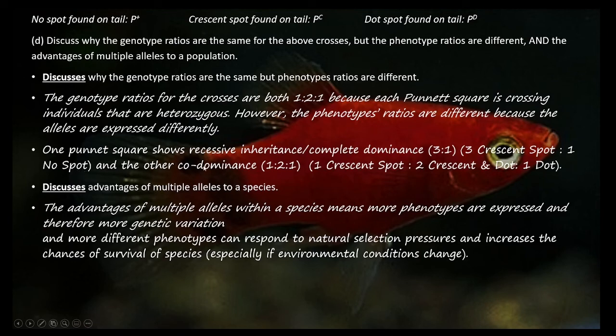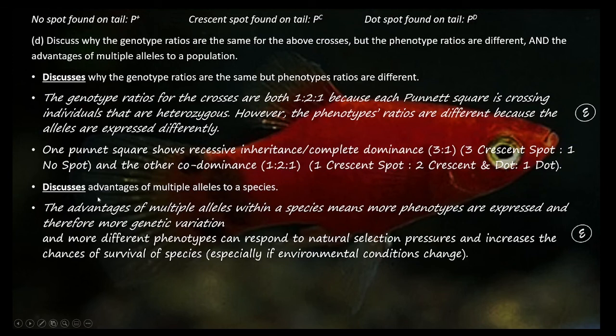The other Punnett square gave codominance, 1 to 2 to 1, which meant that the homozygous dominant will give you a crescent spot. The 2 that were heterozygous both have crescent and dot, and the one that was homozygous dominant dot is a dot. So there's one excellent opportunity.